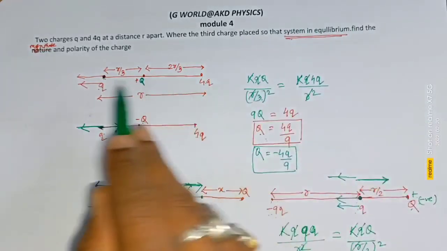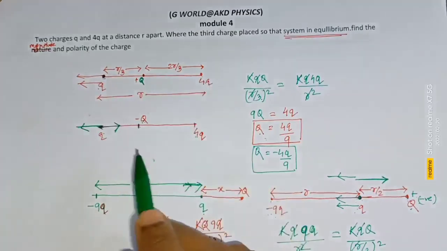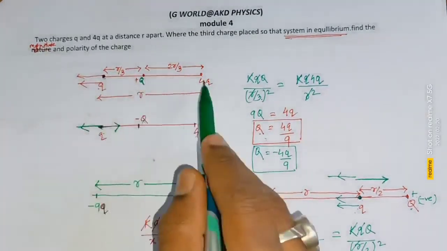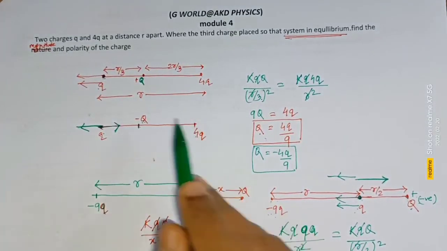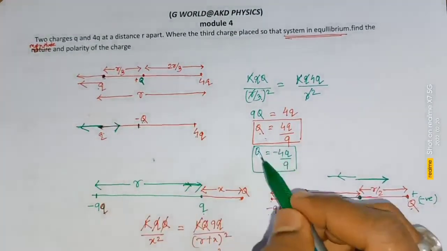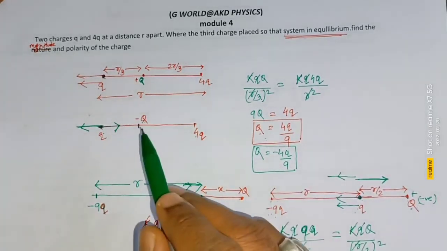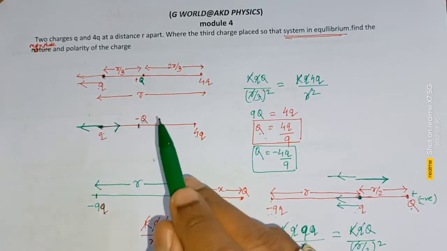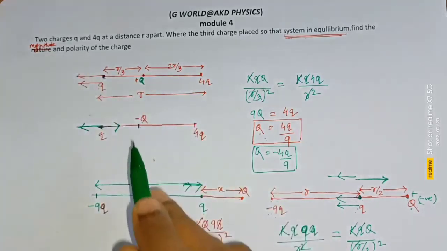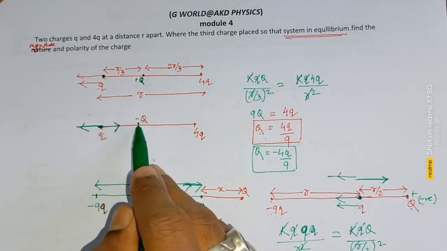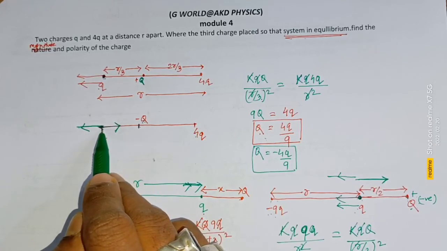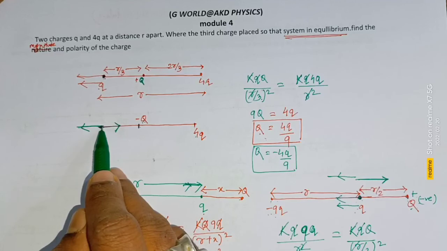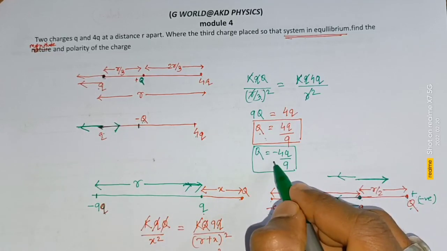I prefer this charge, and I will write the net force due to the other two charges, make it equal, and get the magnitude of the charge. The second most important thing, I will check the polarity. If this is negative and this is positive already, here attract, here repel, the net force is 0 for this charge. That's why the polarity is negative here.